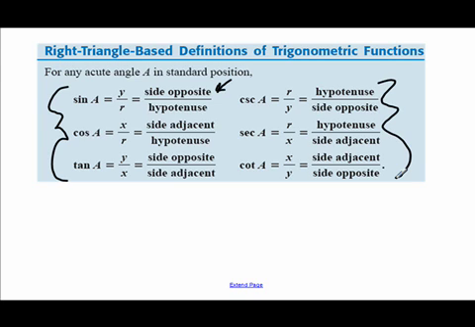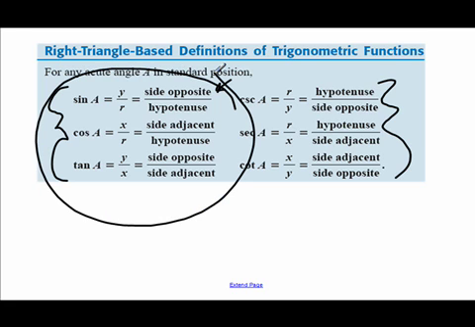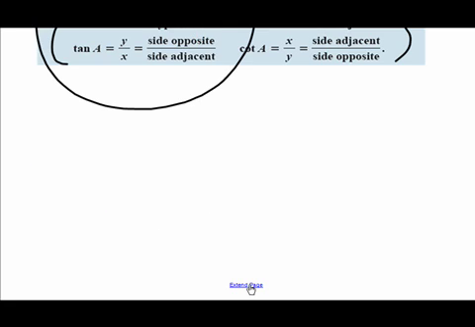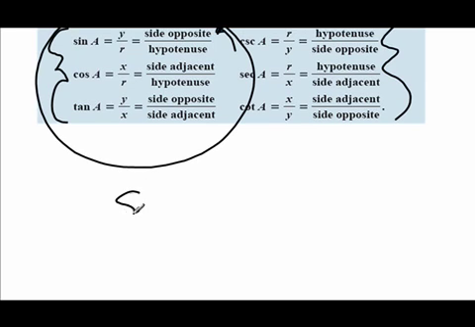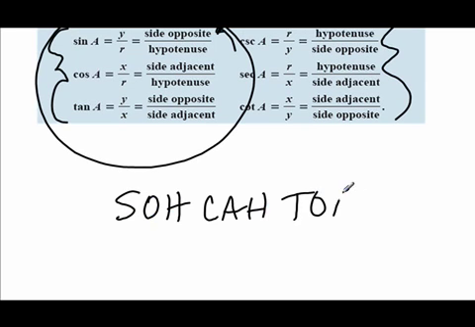Does anybody remember a little saying or a word used in high school that helped you memorize these? SOHCAHTOA. And now you know why or where that's coming from. We're picking off those letters.